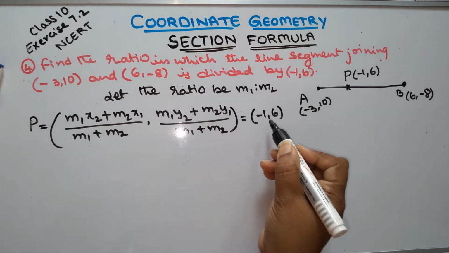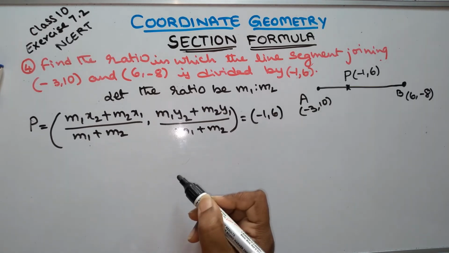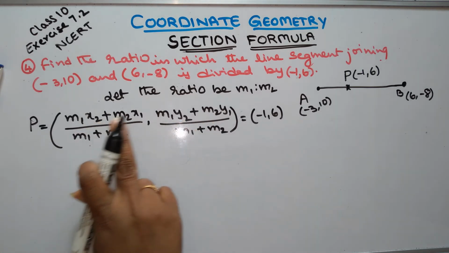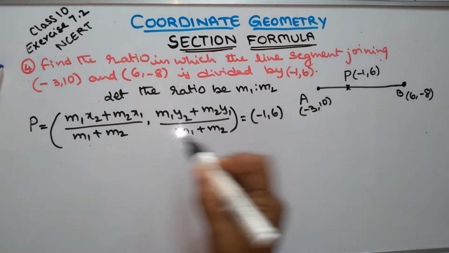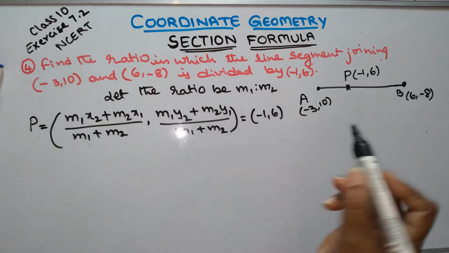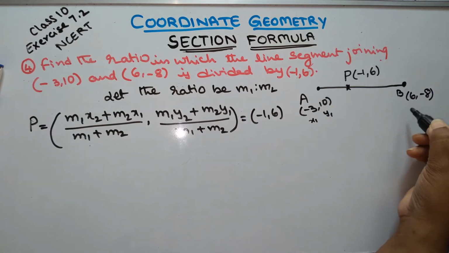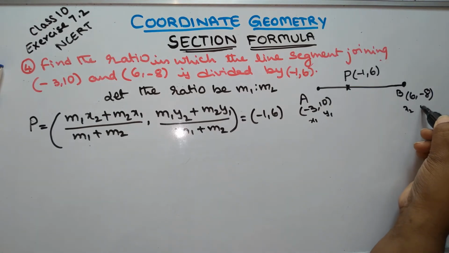The coordinates of P are given as -1, 6. Now let us substitute the values for x1, x2 and y1, y2 in this section formula. We have x1, y1 from point A and x2, y2 from point B.